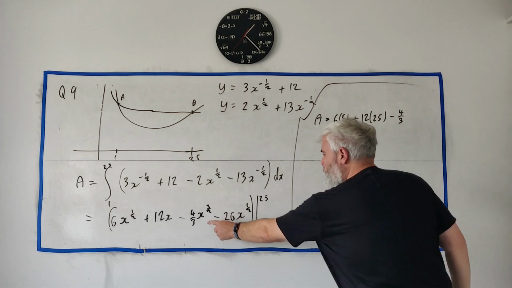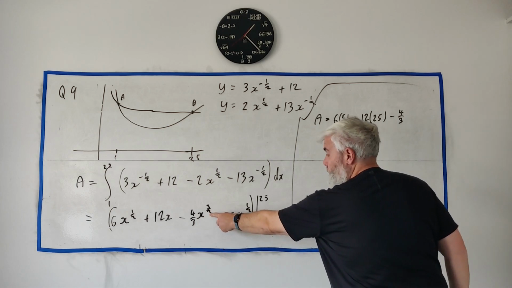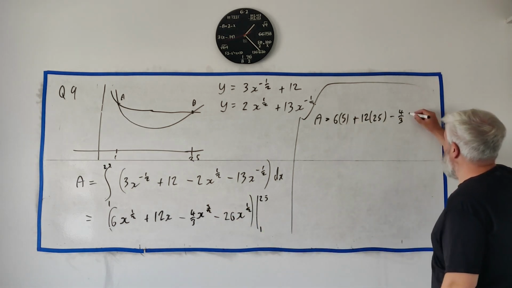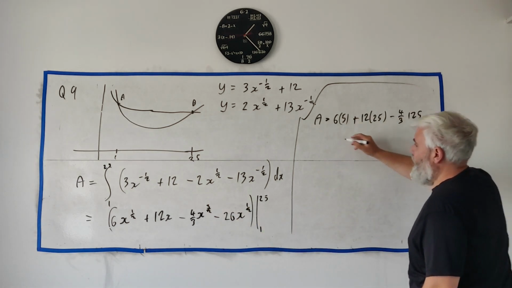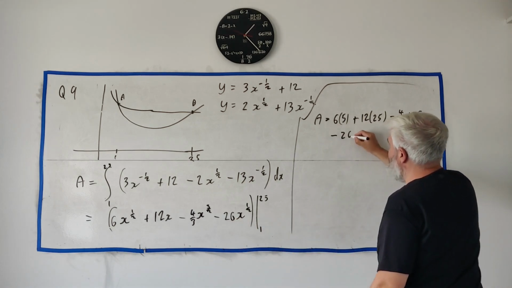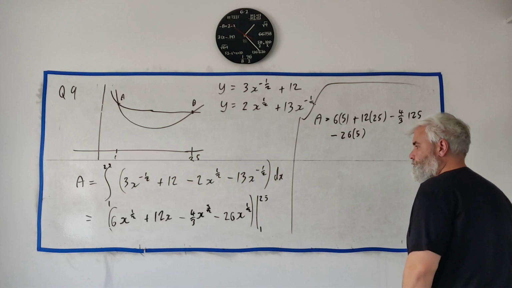Check on a calculator, but 25 to the power of a half is 5, and 5 to the power of 3 is actually 125. Minus 26 times 5.